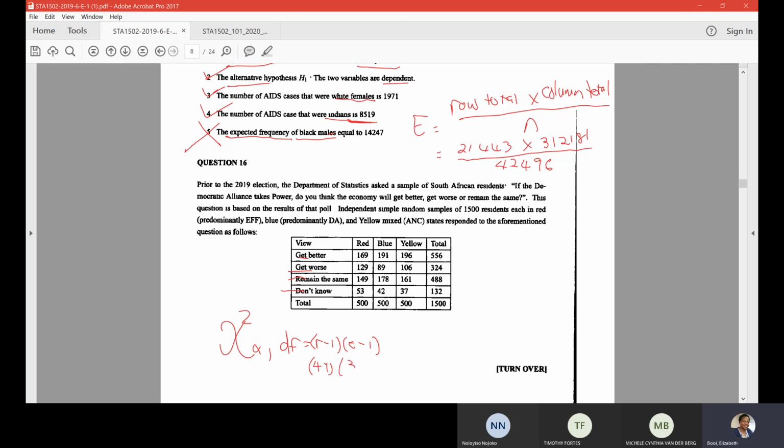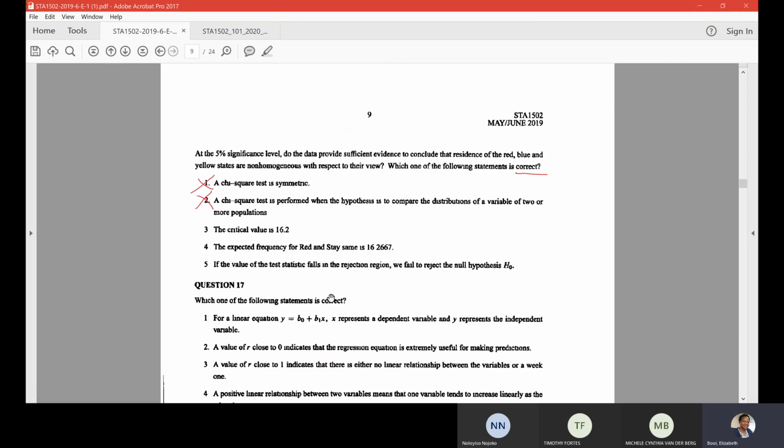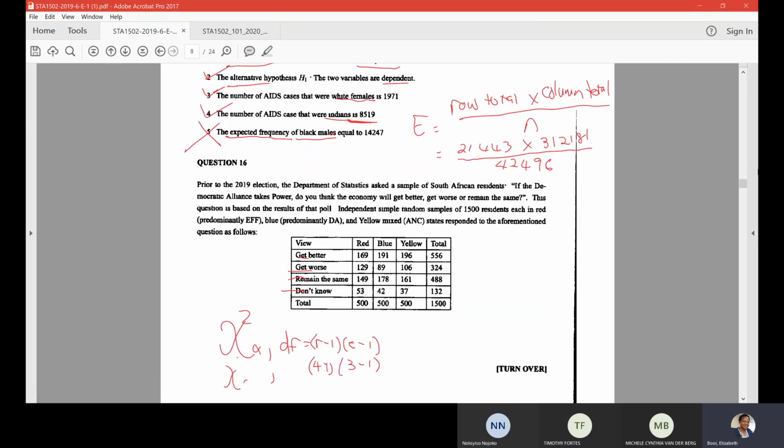We have 3 minus 1, and our alpha in this instance is 5%, which is 0.05. So here we have 3, and here we have 2. So 2 times 3 is 6.